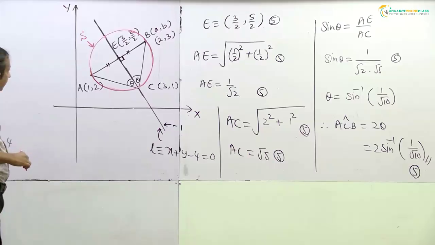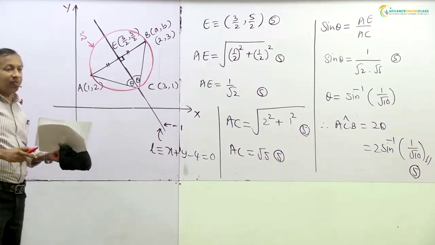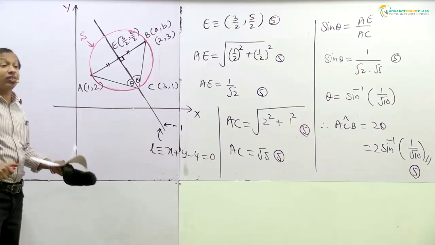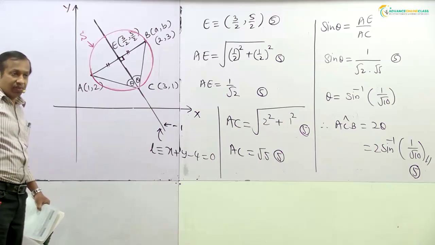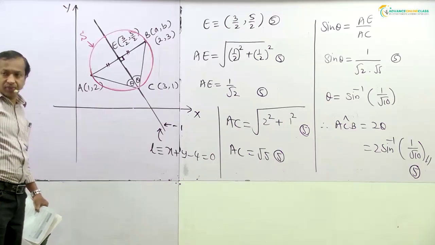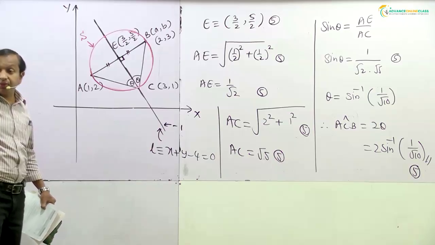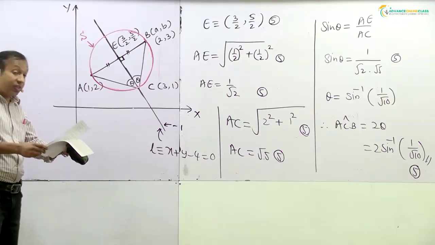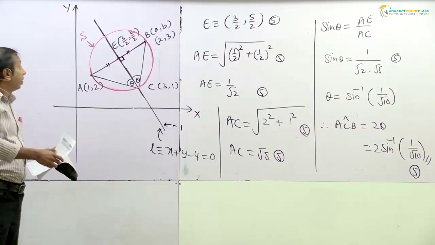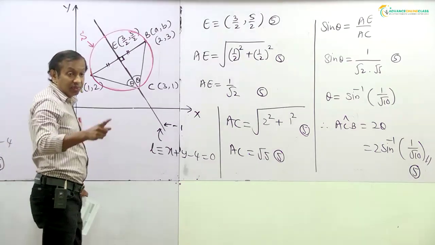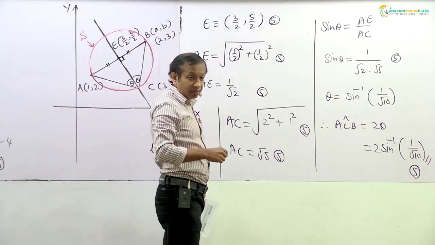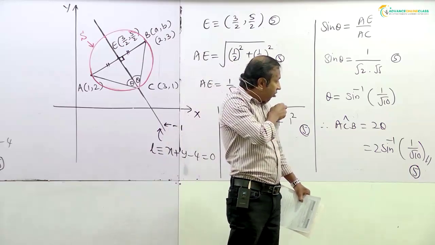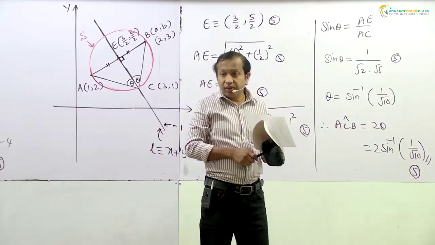Since it passes through the vertices of the triangle ABC, this circle S means what? The circumcircle of triangle ABC. What do you say? Let S be the circle through the points ABC. What is this? The circumcircle of the triangle ABC. Can you remember the circumcircle?